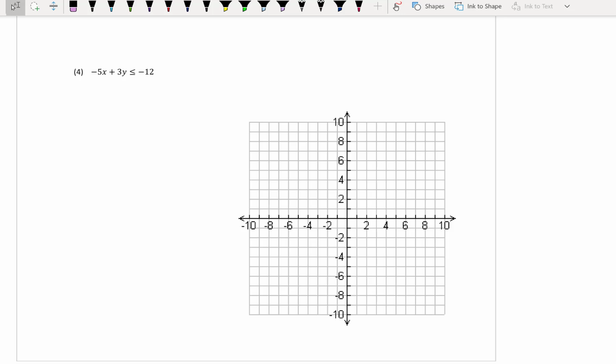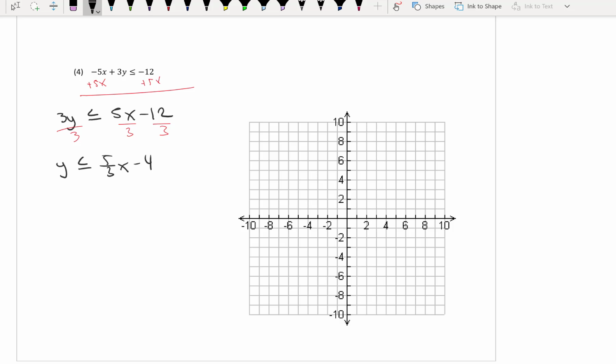Now for number 4, we just have to work a little bit to get the y by itself, and that's okay. So I'm going to add 5x to both sides. So now I have 3y is less than or equal to positive 5x minus 12. And then I'm going to be dividing by 3, so that y is less than or equal to 5/3 x minus 4. So here my y-intercept is negative 4. I'm going to go up 5 and over 3. I also could have gone down 5 and over 3.